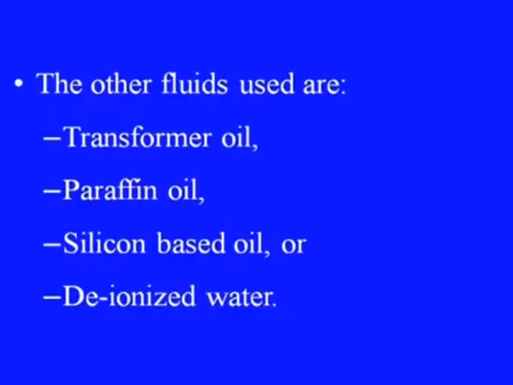The dielectric fluid is commonly used in the form of kerosene. Of course, there are other fluids also used as dielectric fluids in this process. These include transformer oil, paraffin oil, silicon based oil or deionized water. The dielectric system performs the following tasks.